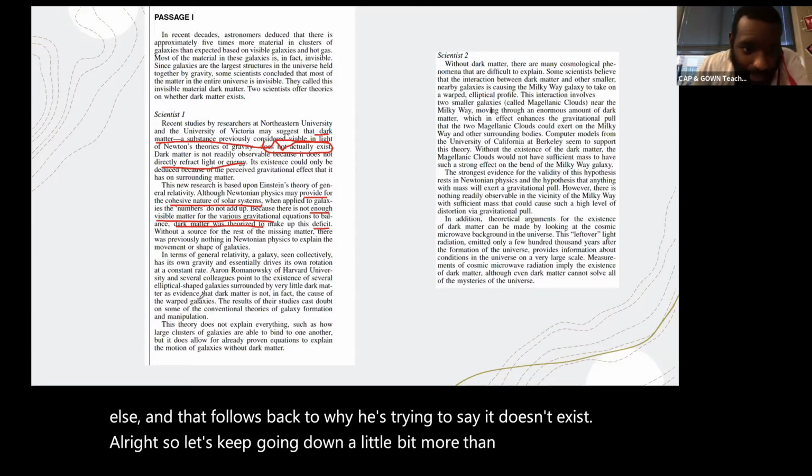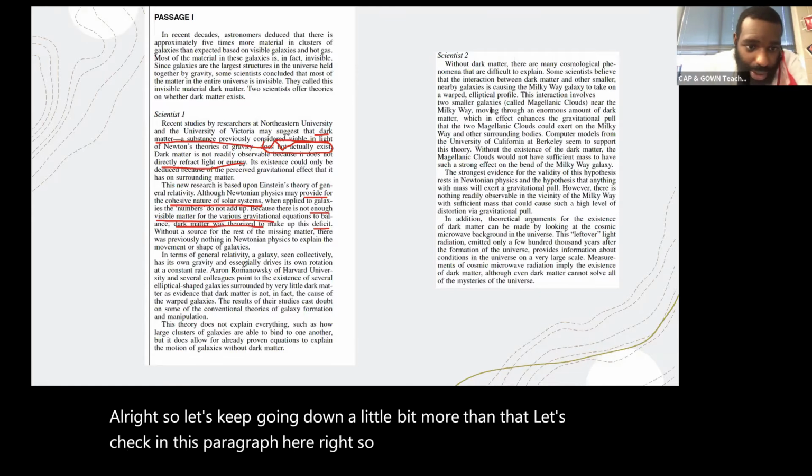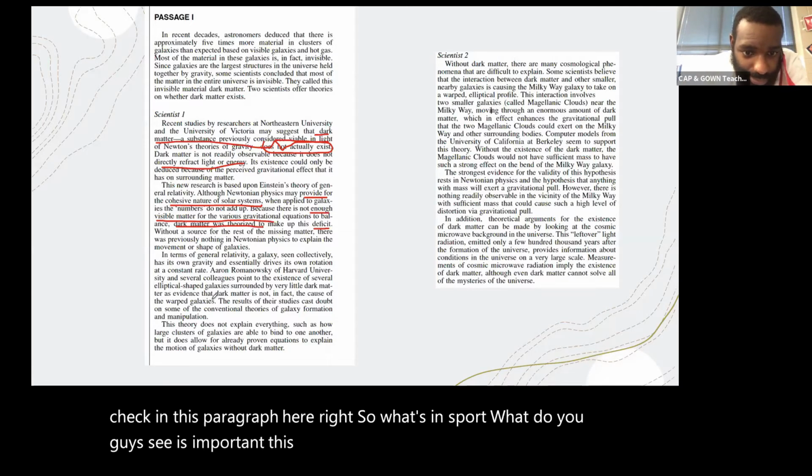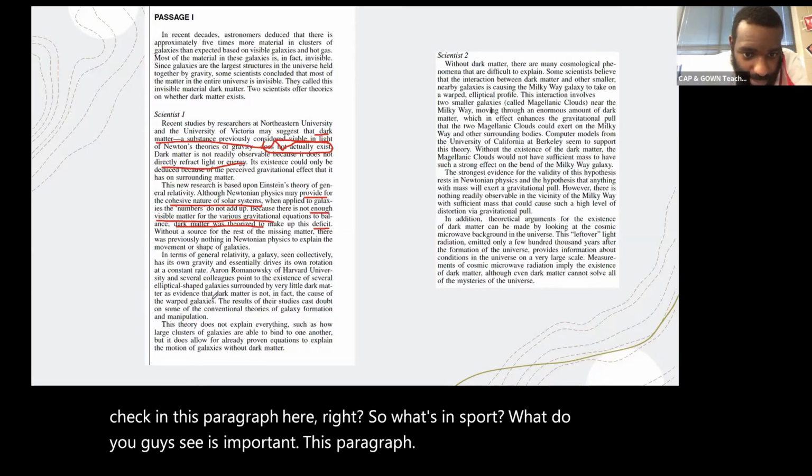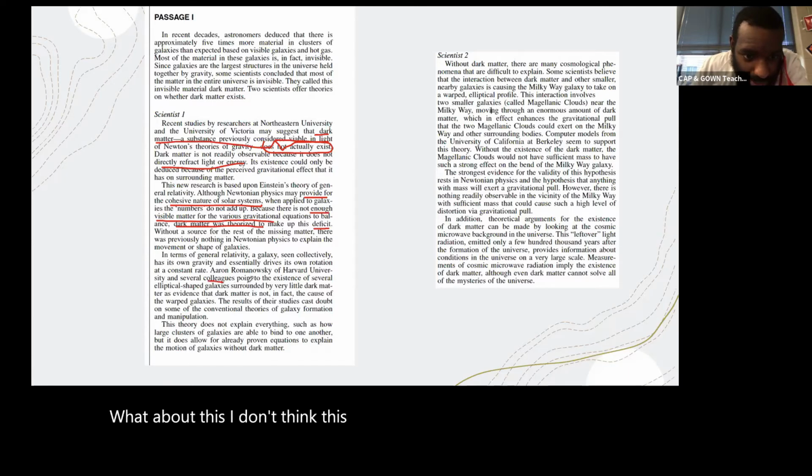Let's check this paragraph here, right? What do you guys see as important in this paragraph? What about this? Y'all don't think this is important?